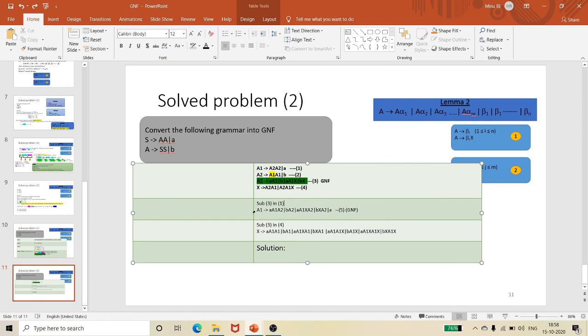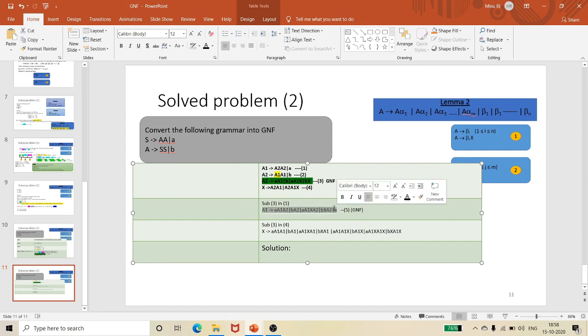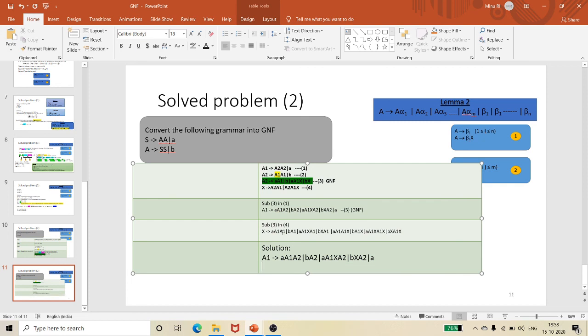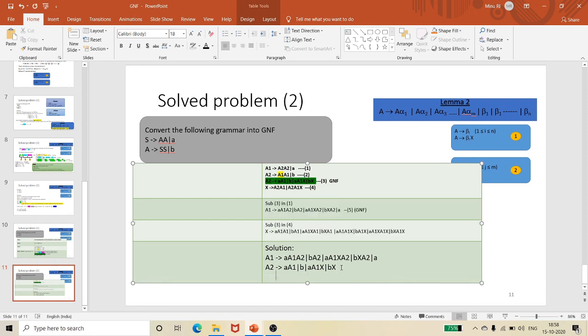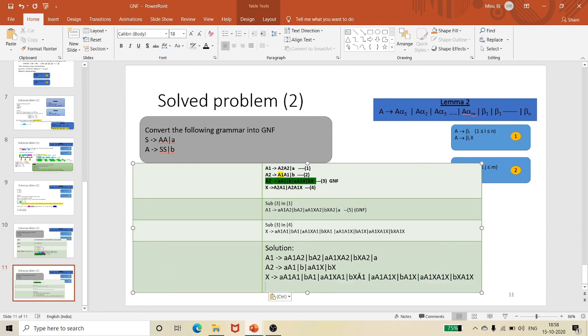My solution is, first I need to take A1, this is my A1. Then my A2, which was the first one to become a GNF. Then my x, then my x. So this is my final solution.